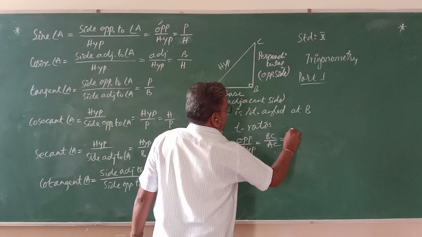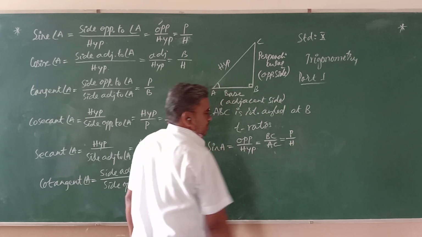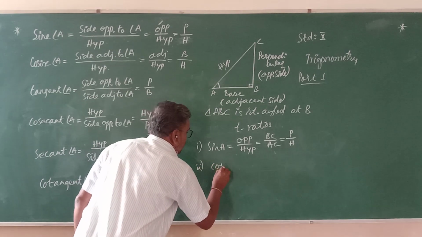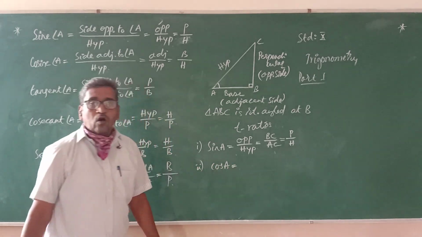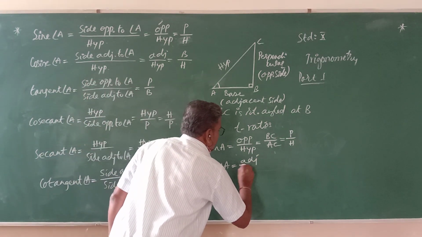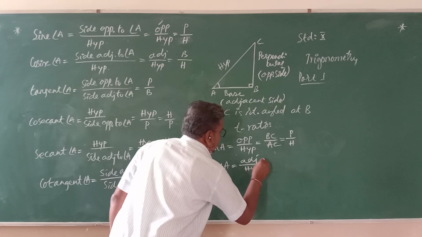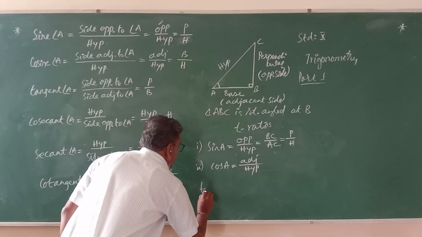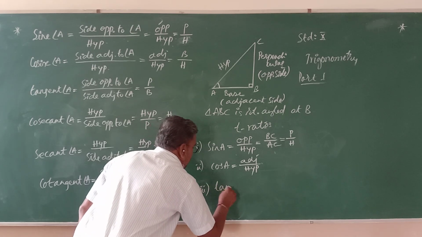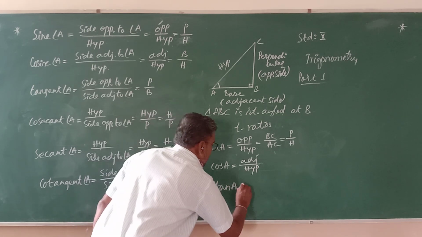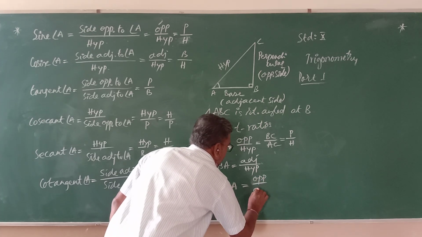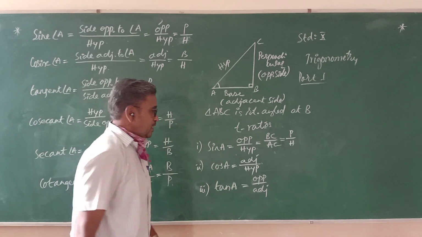Second one, cos of angle A, is equal to adjacent upon hypotenuse. Third one, tan of A, is equal to opposite by adjacent.